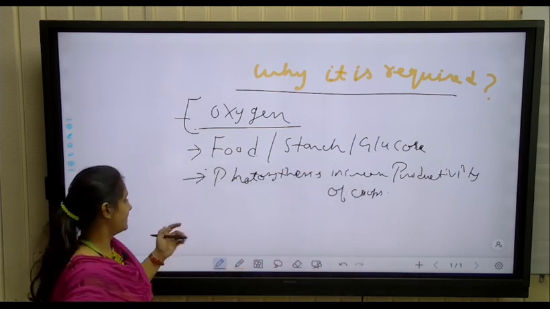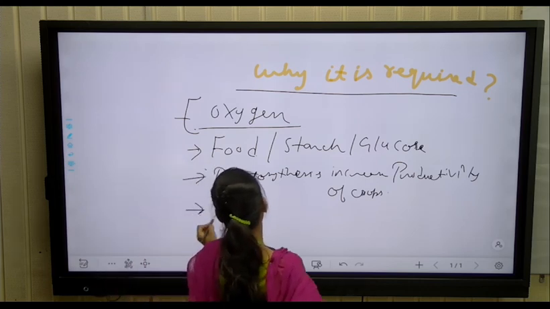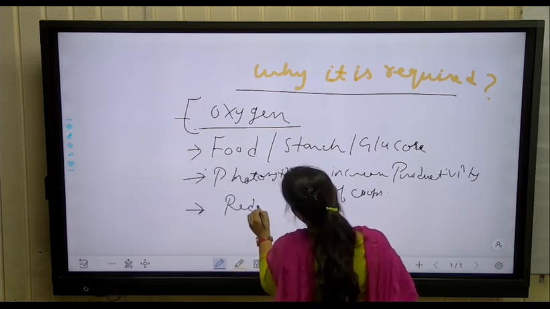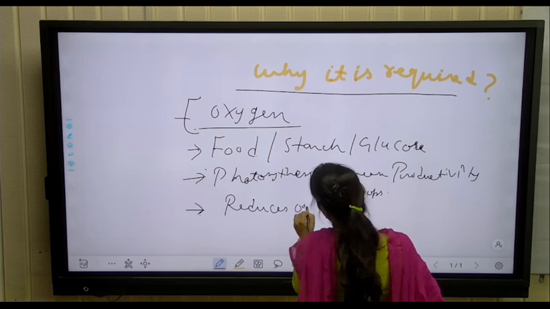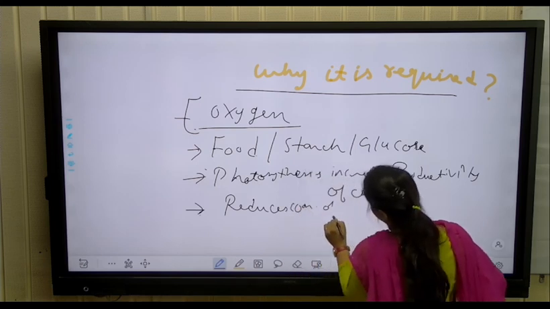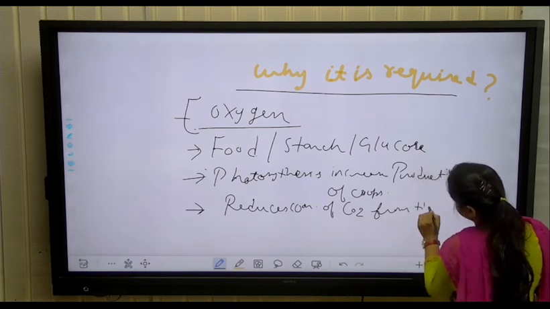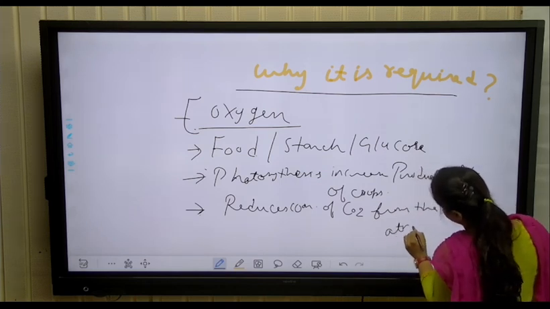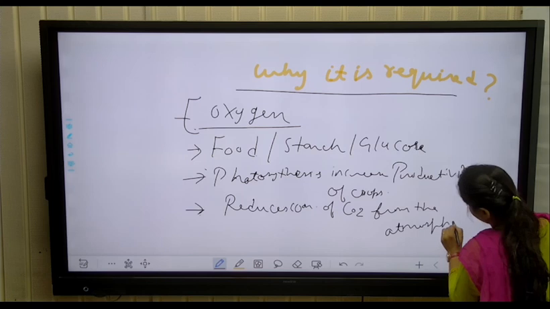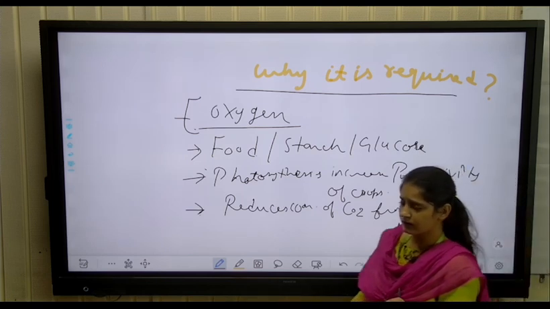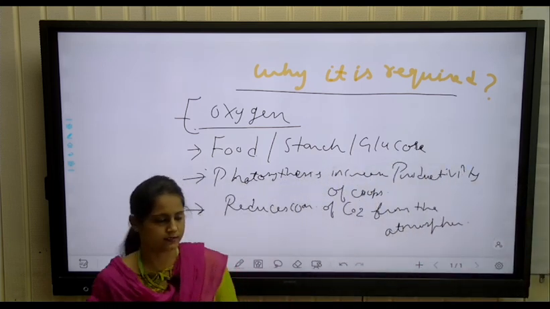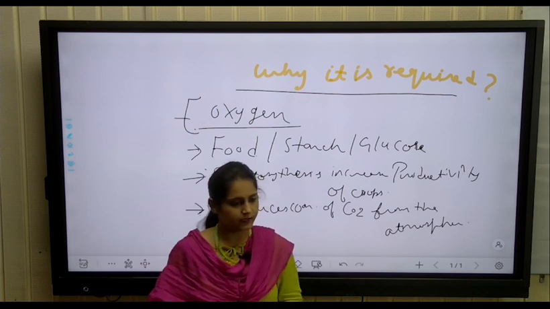And the last thing which I forgot to tell you is that it also reduces the concentration of CO2, carbon dioxide, in the atmosphere. As we saw, during the reaction of photosynthesis, CO2 is involved and water is involved.